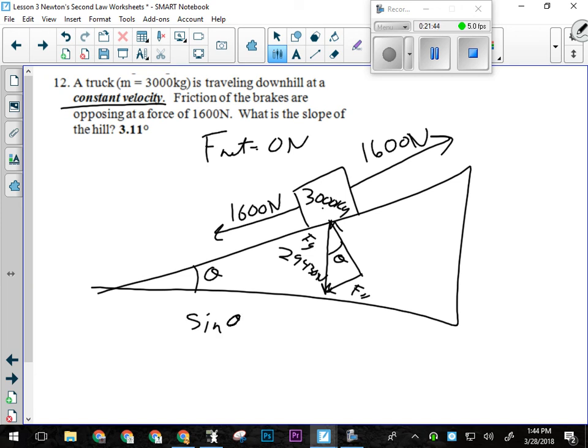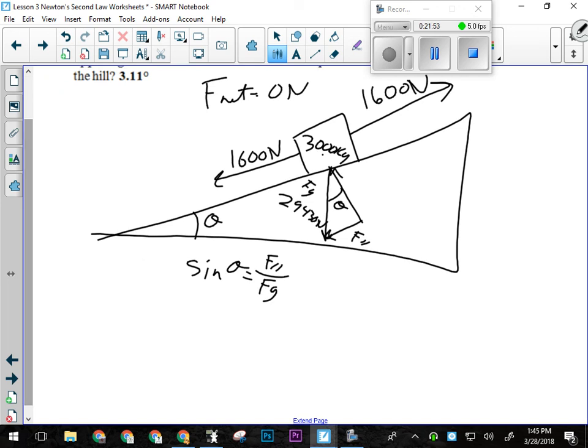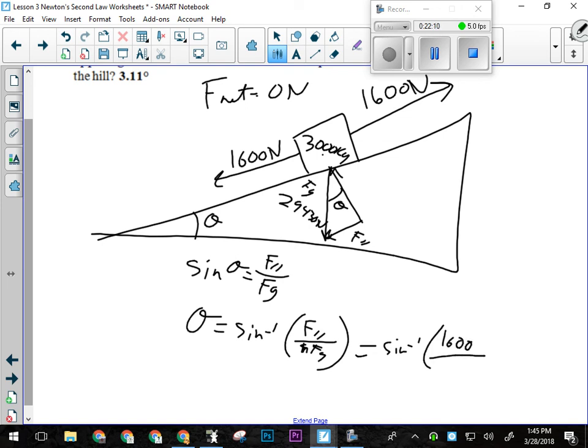The sine of theta is the opposite side, which in that triangle is F parallel, divided by the hypotenuse, gravity. Gravity is always the hypotenuse in that triangle. So theta is sine to the minus 1 of 1,600 divided by 29,430, and we should get 3.11 degrees.